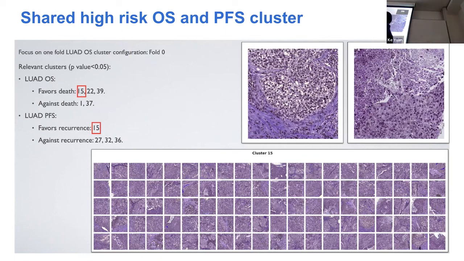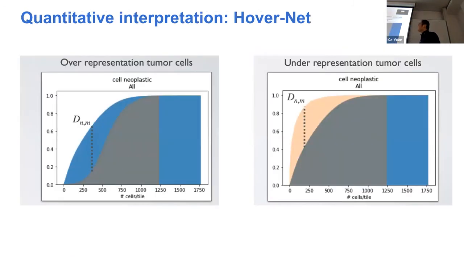So this is where your question about independent cohort comes in. What we did for the independent cohort is that we project tiles from those individual cohorts onto clusters we identified from TCGA. Now we do the same thing, and interestingly find common clusters that are high risk in overall survival and high risk in progression-free survival.